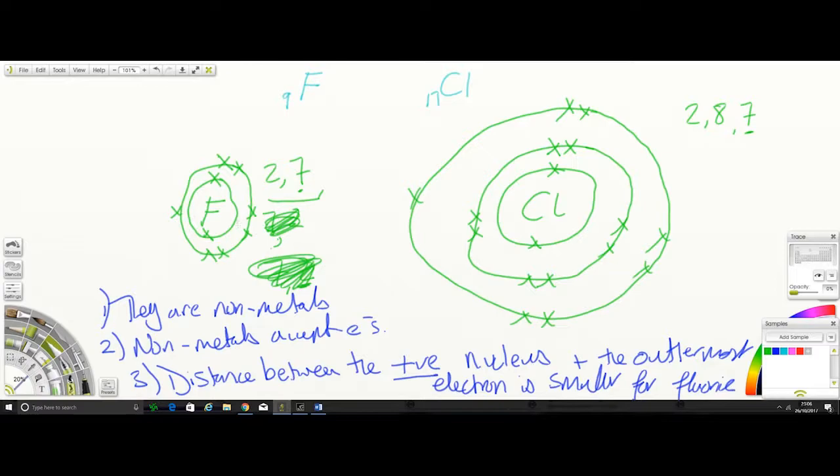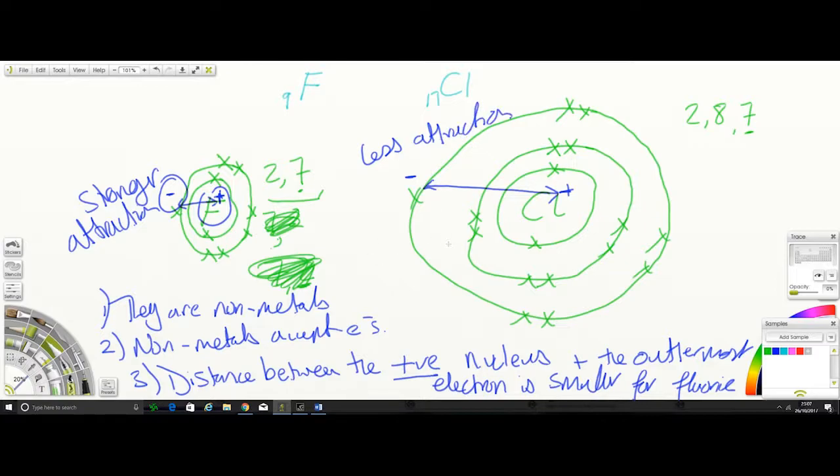So if you look here, remember this is a nucleus, so it's positively charged, these electrons are negatively charged. Look at this distance here. It's very short. So because of that, there's going to be a stronger attraction between the positive center and the negative electron. Whereas look here, you've got a positive center and the negative electron, and the distance has increased, so it's going to have less attraction.